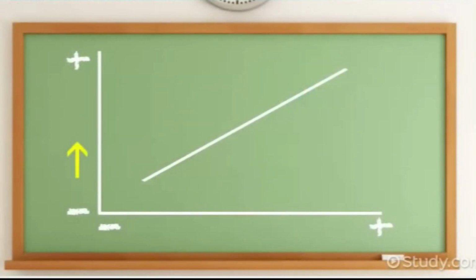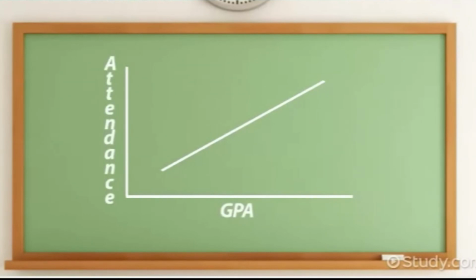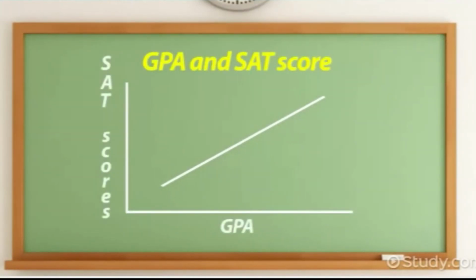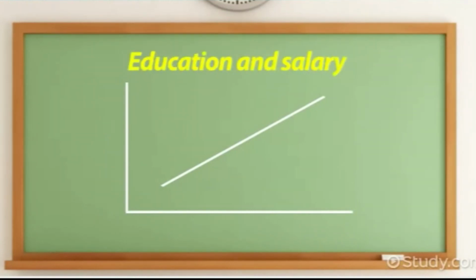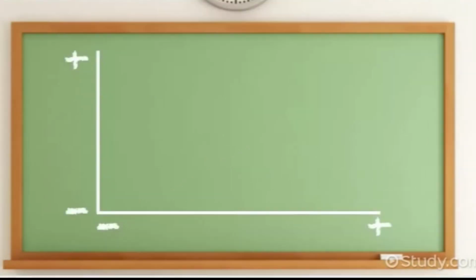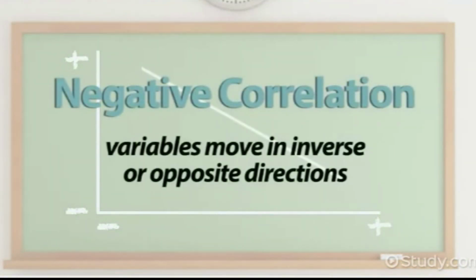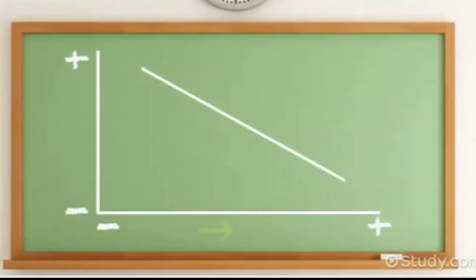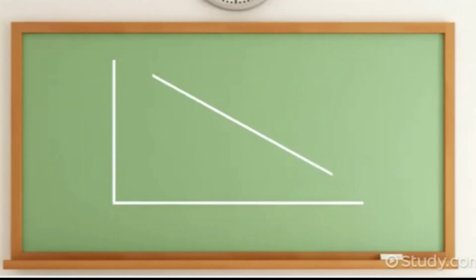The increase in one variable may be associated with an increase in the other variable also. This type of correlation is called positive or direct correlation. The second type is the one in which the increase in one variable results in a decrease in the other variable.